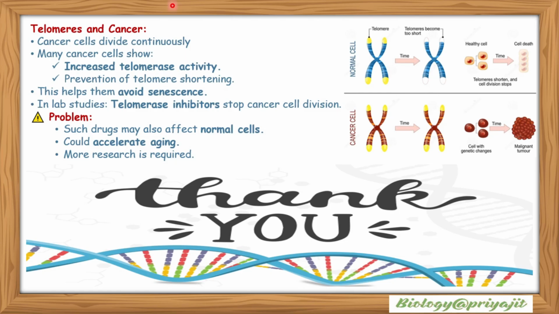This finely tuned mechanism not only safeguards chromosome stability but also links DNA replication to cell aging, senescence and cancer development. Understanding telomere biology helps us appreciate how cells balance longevity and control. It's an insight that is crucial for your undergraduate, postgraduate and NEET preparations.